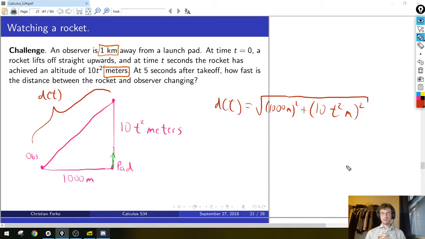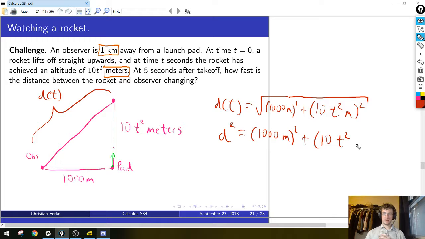A small trick. This is correct. We can take the derivative of both sides and proceed. I hate taking the derivatives of square roots, so as a trick which is often helpful in these problems, I'm going to square both sides. So we know d squared is (1,000 meters) squared plus (10t squared) squared.